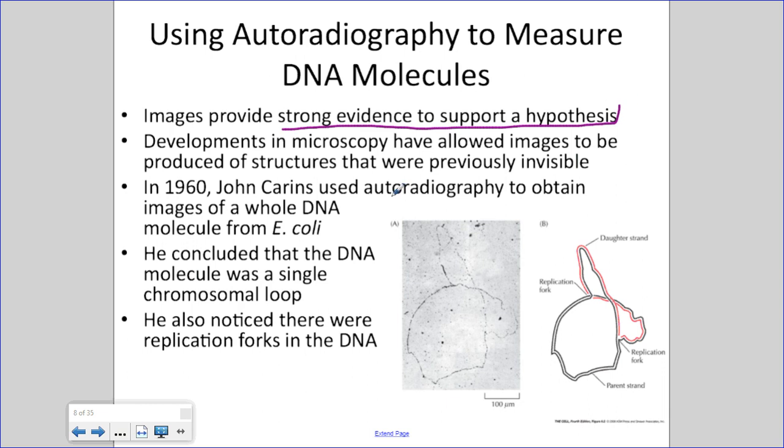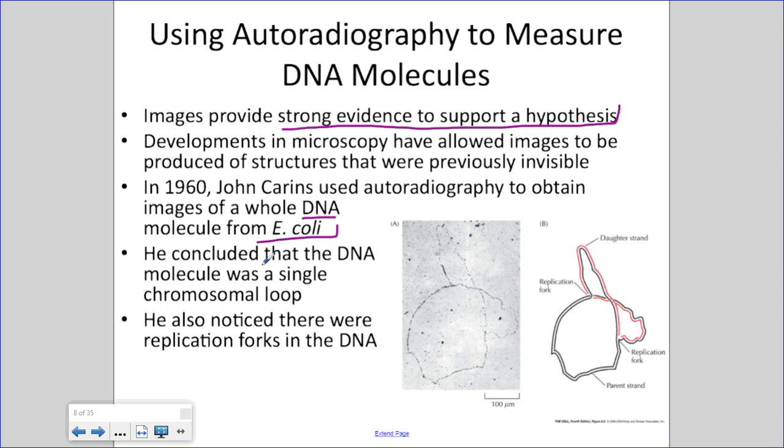Developments in microscopy have allowed images to be produced of structures that were previously invisible, various cell organelles, for example. In 1960, a researcher by the name of John Cairns used autoradiography to obtain images of a whole DNA molecule from E. coli.